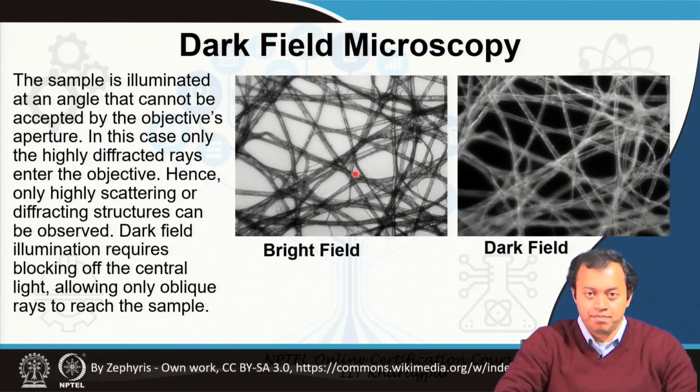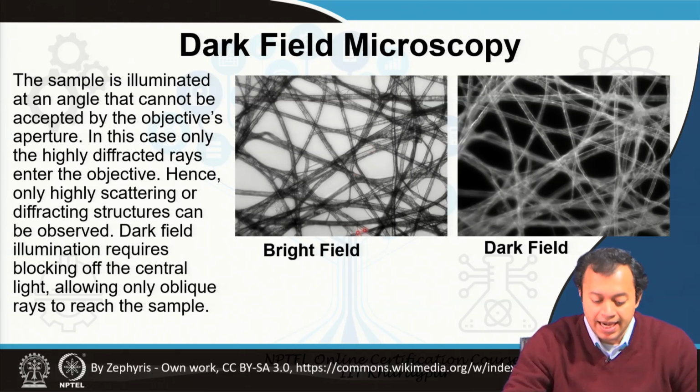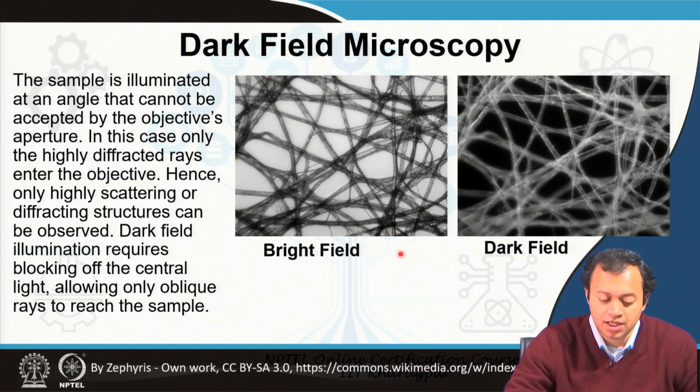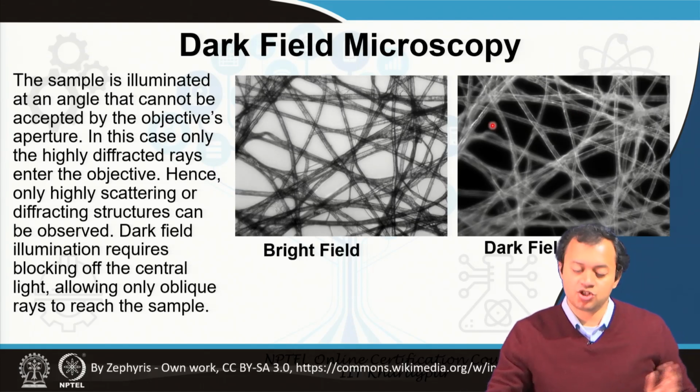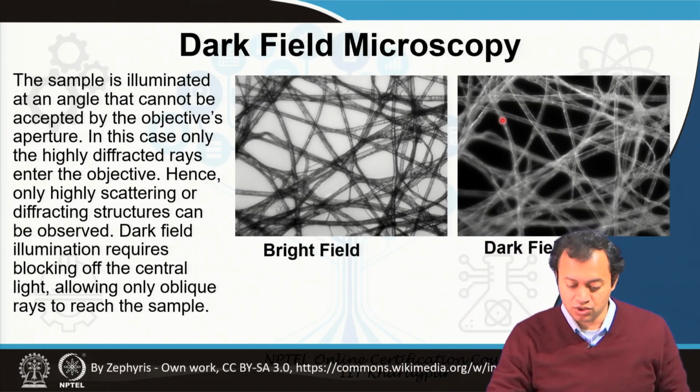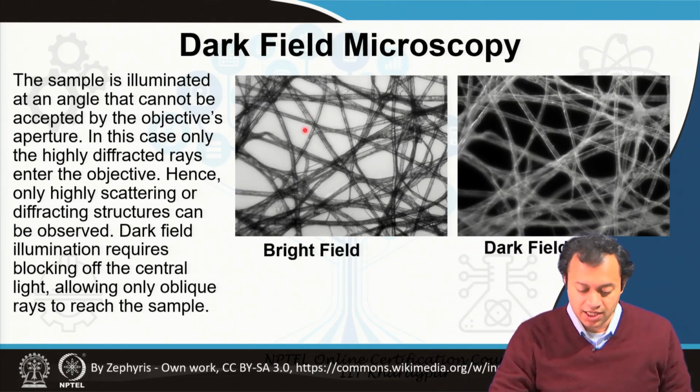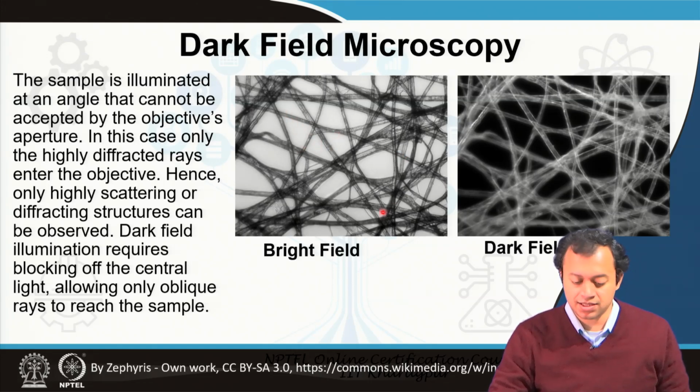We have taken the same sample, same tissue paper, and this is a bright field image where all the area is illuminated, and here only the light that is scattered from these strands at an oblique incidence is coming. So, thereby you see these areas where there are no strands, they are not reflecting because these parts are blocked.